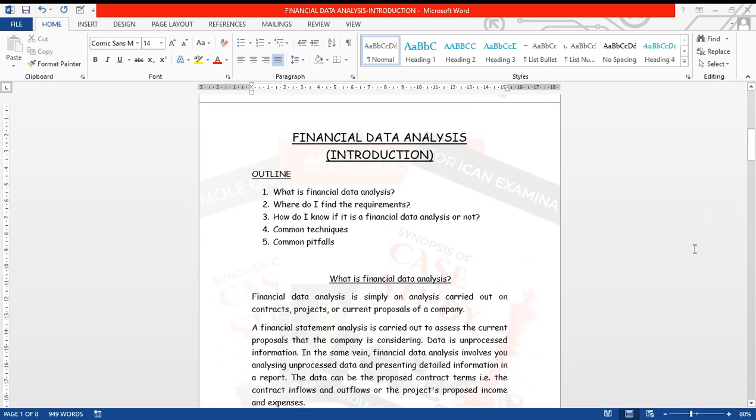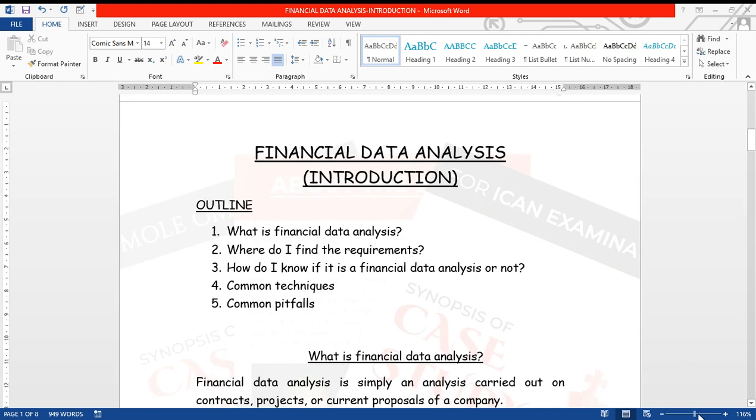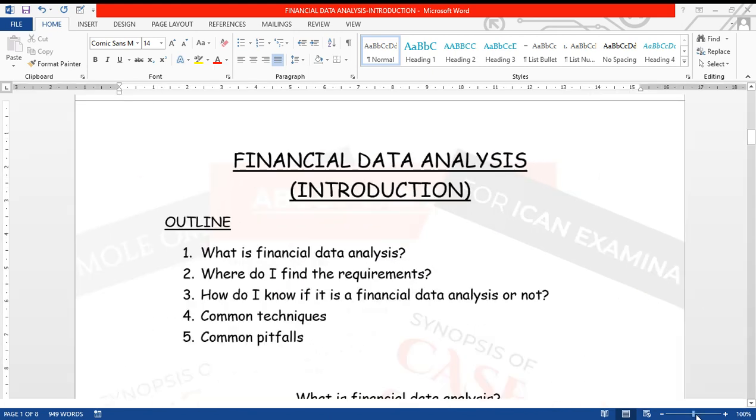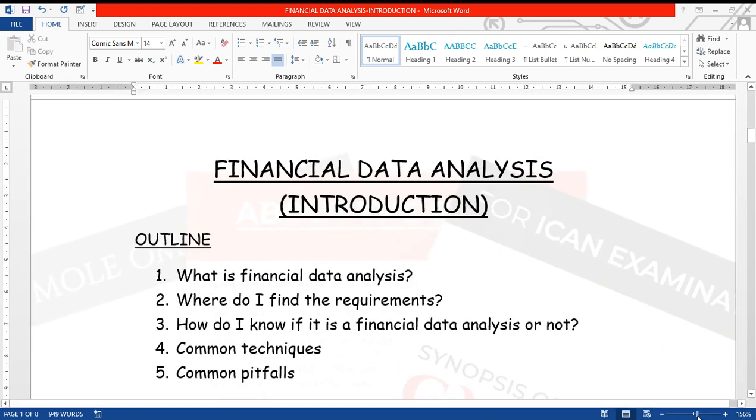And like I said in the previous class, nobody is going to ask you what is the financial data analysis, or what are the techniques of carrying out a financial data analysis. But when you understand these concepts, you understand the reason why you're doing certain things, you understand what is behind it.